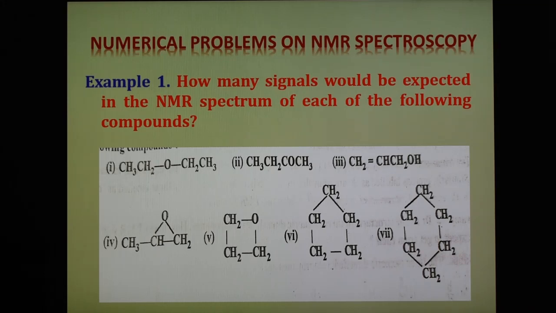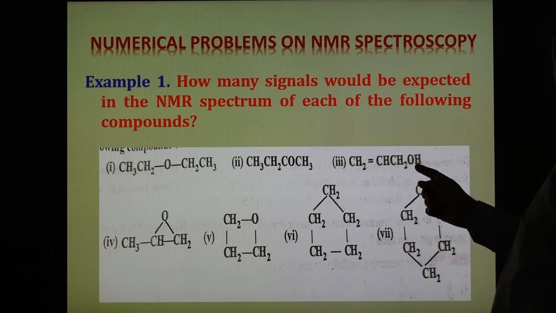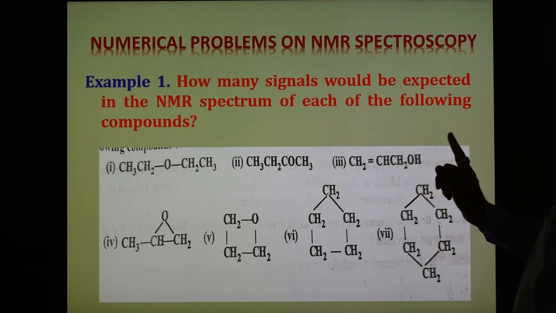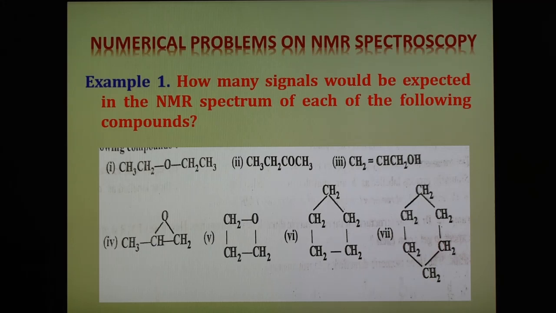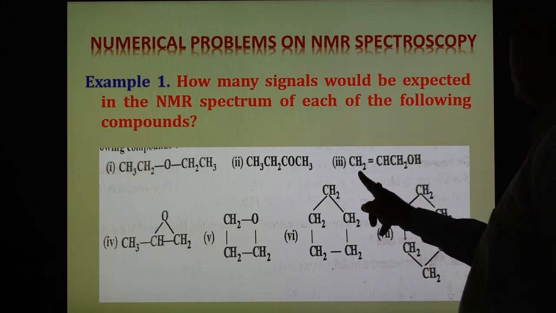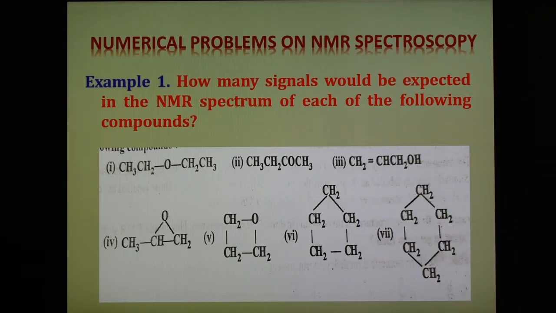And compound number 3. In this compound we can draw the structure, and it shows different types of protons. In this case there are 5 types of protons because a double bond is there, and in the case of a double bond we have to draw the structure in this way. This CH carbon is here, 2H, and then CH and CH2OH.